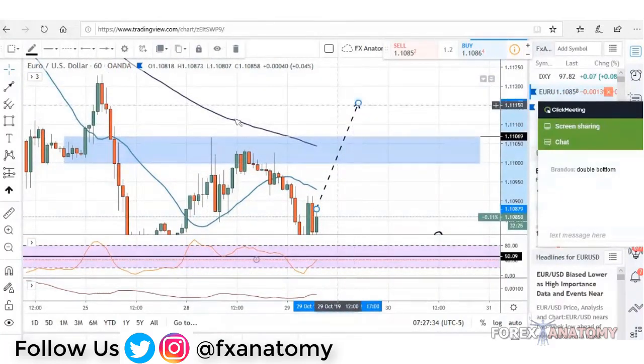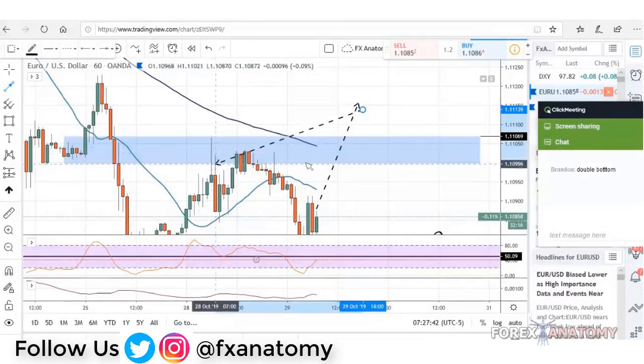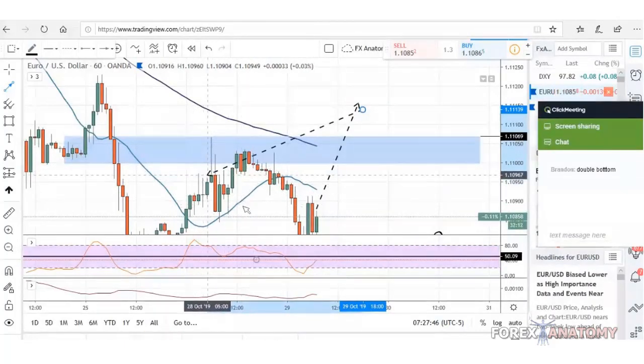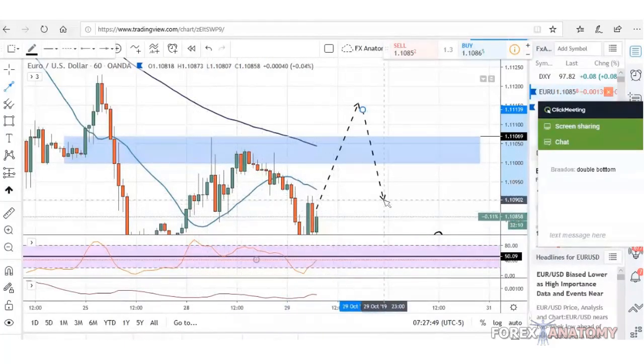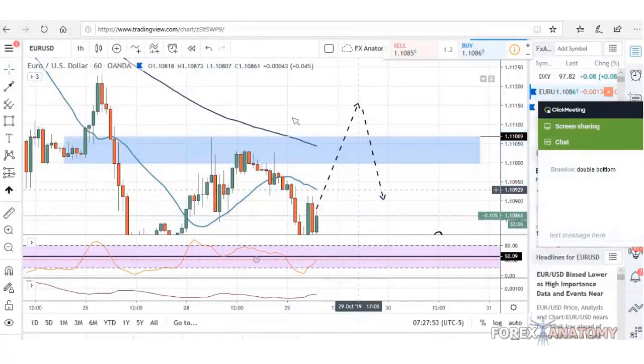So then from here, once we get that break and close, you'll look for that retracement, maybe to retest this neckline again, most likely to retest the neckline or this area right around here. And then that's when we'll look for our buying opportunity on bullish confirmation.